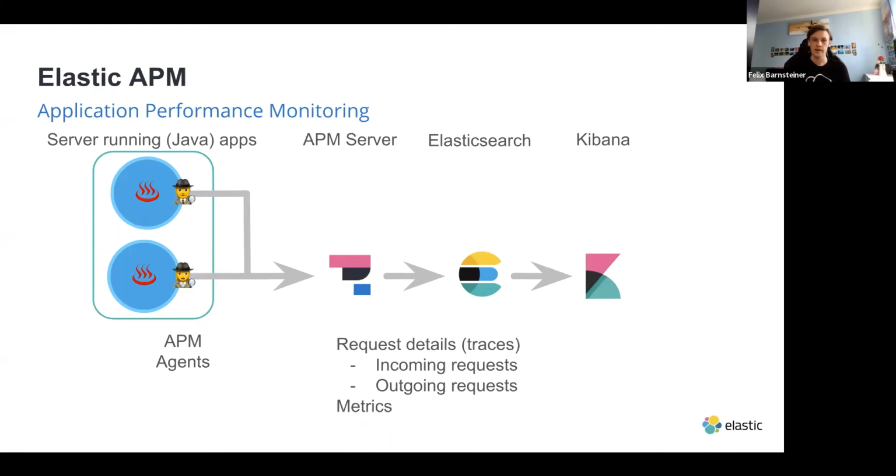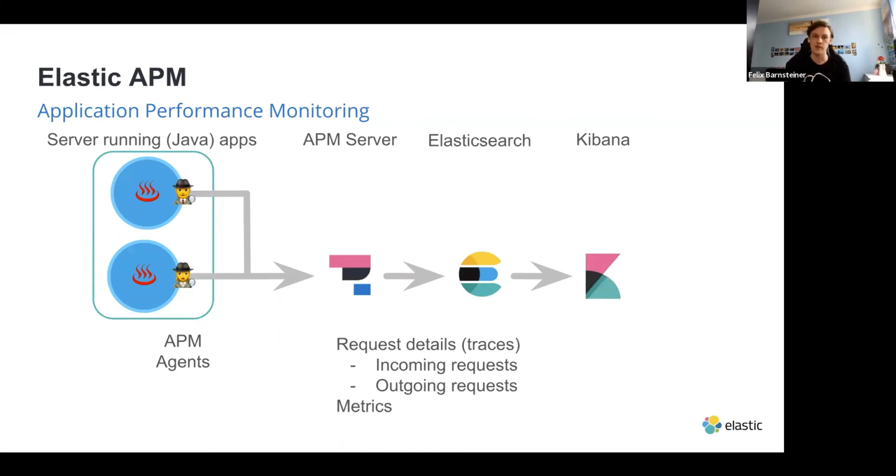So we are collecting details about mostly the incoming requests and the outgoing requests. So you know how long it, for example, takes to serve a search request on your e-commerce website, and you can see how that behaves over time. And you can also dive a little bit deeper and see what kind of requests you're making to other applications.